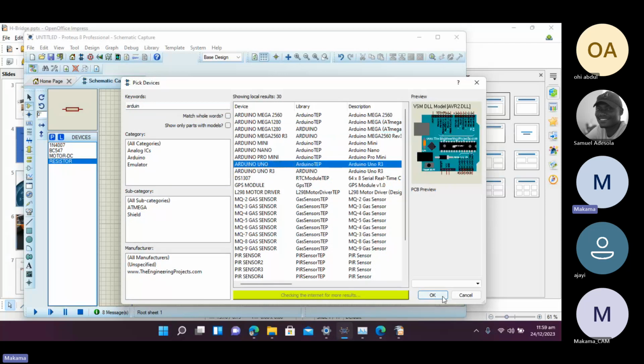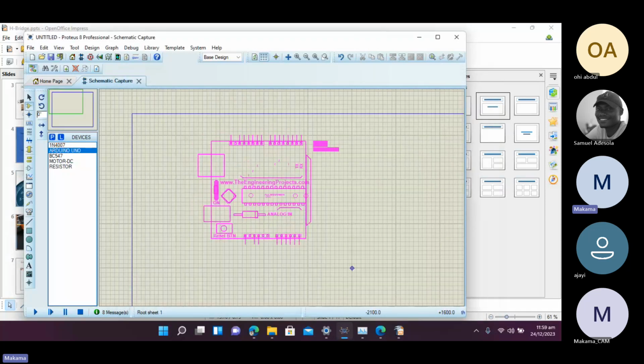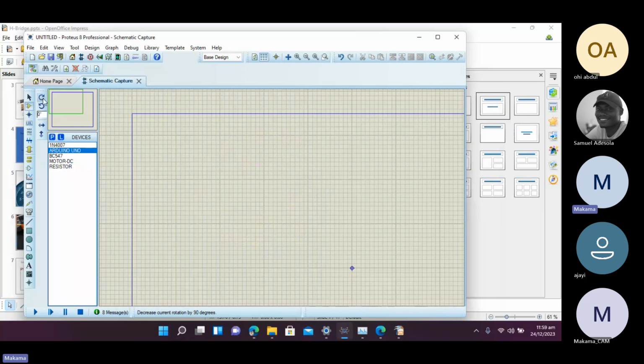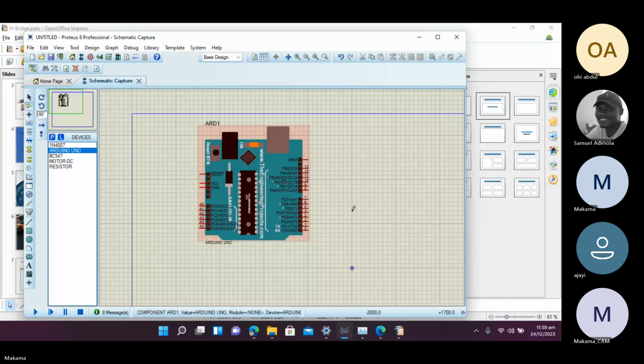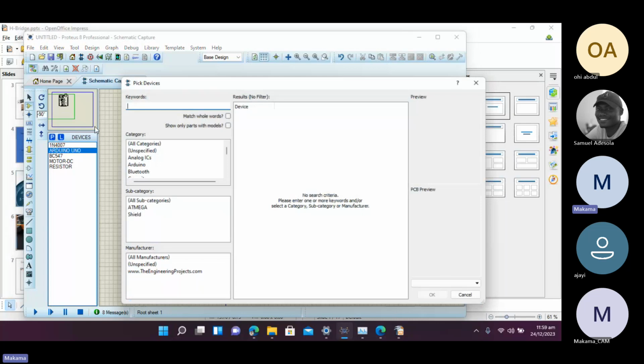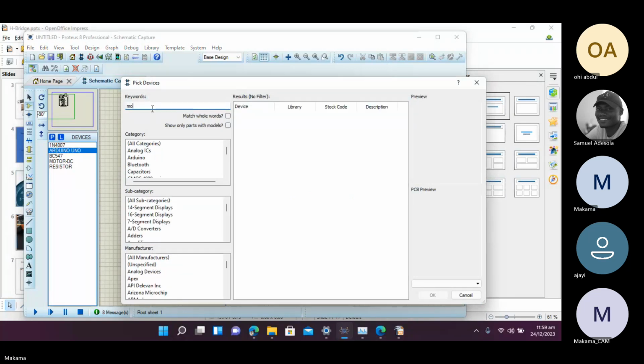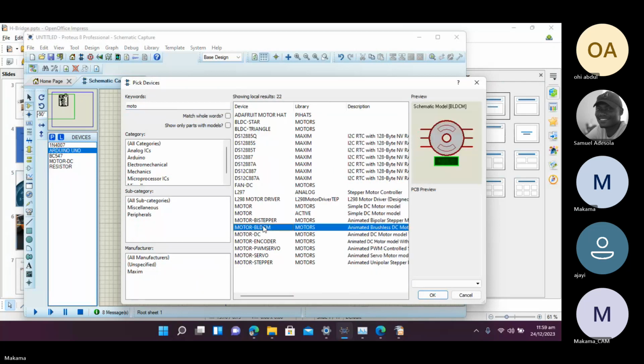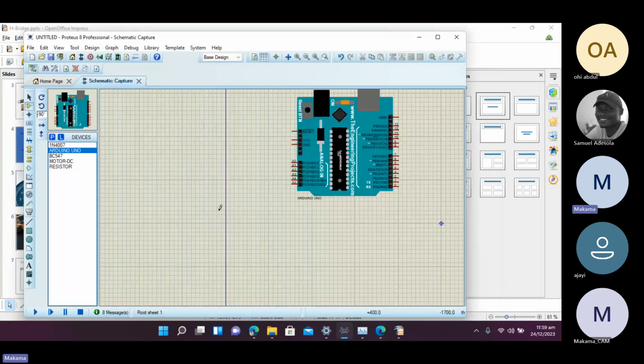We're supposed to use the Nano because it is small. What I did was just to carry out my Arduino, get in my motor. Okay, I've imported it earlier. It's supposed to be here.